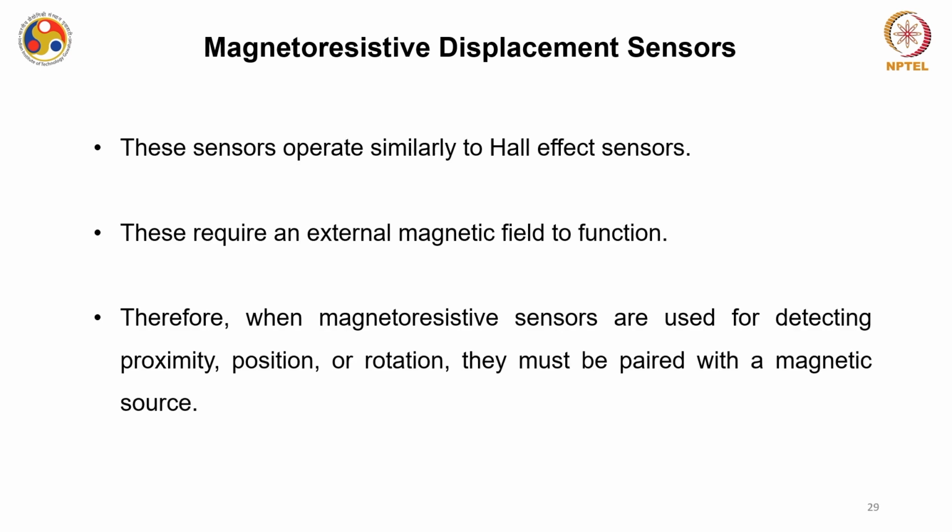Then, as I have already mentioned, these magnetoresistive displacement sensors operate very similar to Hall effect sensors, and they require some external magnetic field to function. However, if you remember, Hall effect sensors were totally different.